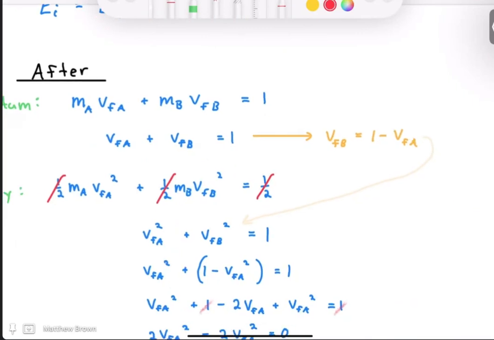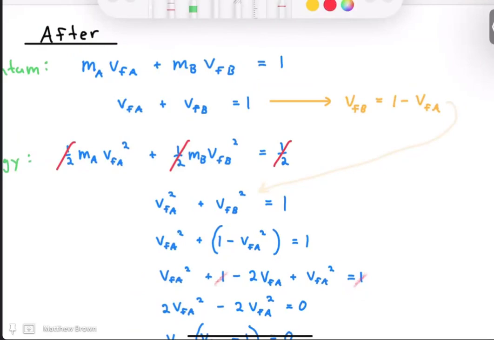Then we can take that equation and substitute it in. So V final B becomes 1 minus V final A. Oh, I actually wrote that incorrectly. The squared would be here, because we're just substituting in this part of the equation, which is 1 minus V final A, and when we put that in there, that whole thing would get squared, which I did actually do below it, so that was just a silly oversight.